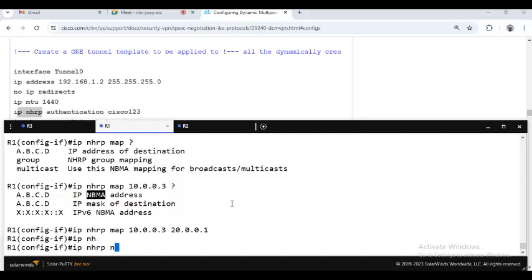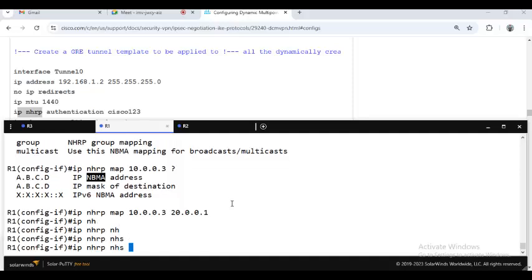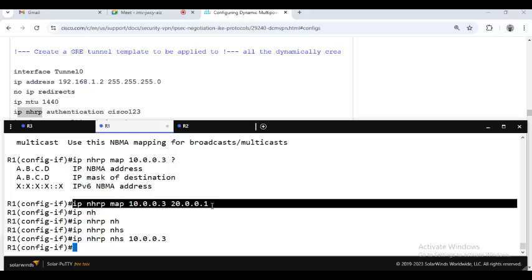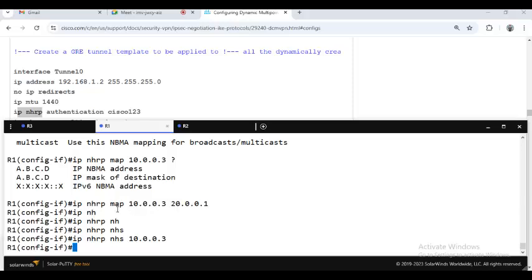When this is properly configured, you will be able to ping between the tunnels. I'm going to paste the same on this. Looks like some commands are still not configured. NHRP command, we need to have this, no, not this one.